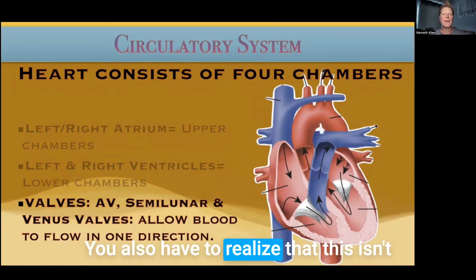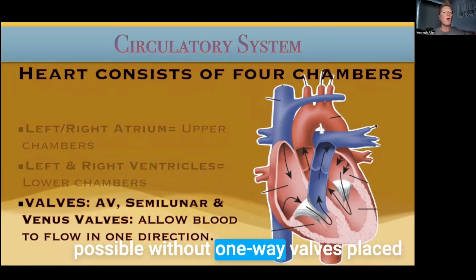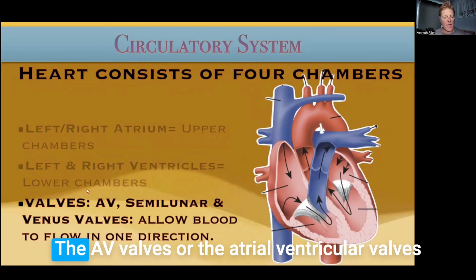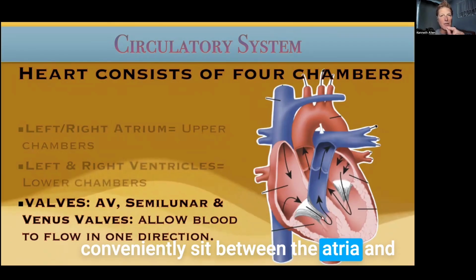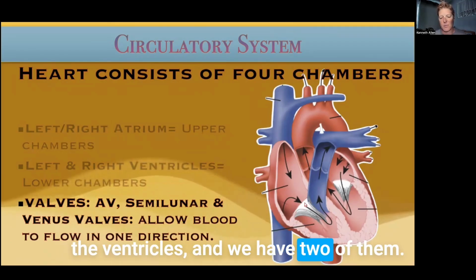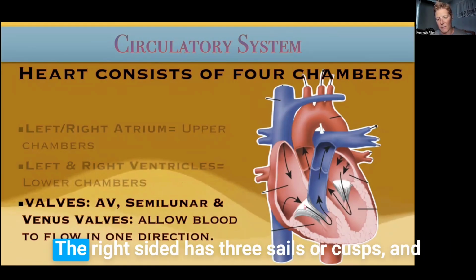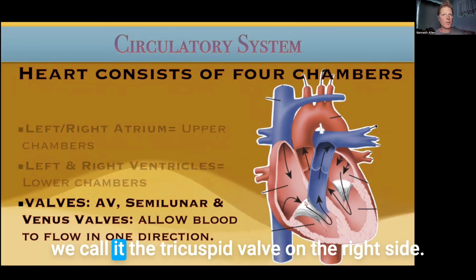You also have to realize that this isn't possible without one-way valves placed in key points inside the heart's anatomy. The AV valves, or the atrioventricular valves, conveniently sit between the atria and the ventricles, and we have 2 of them. We have the right-sided and we have the left-sided. The right-sided has 3 sails or cusps, and we call it the tricuspid valve on the right side.